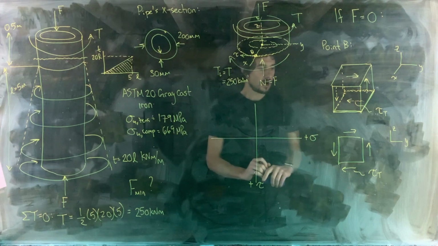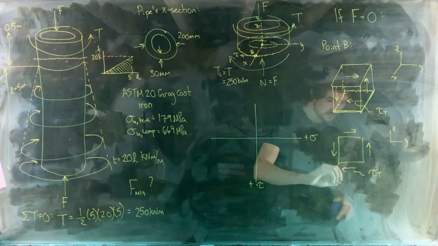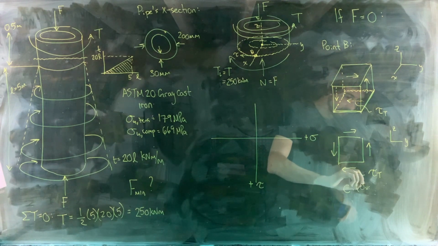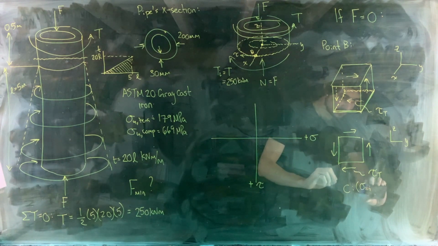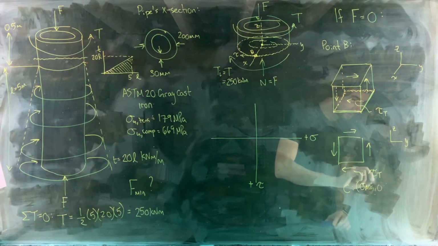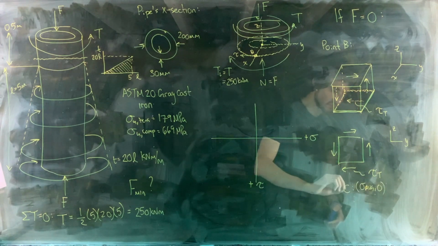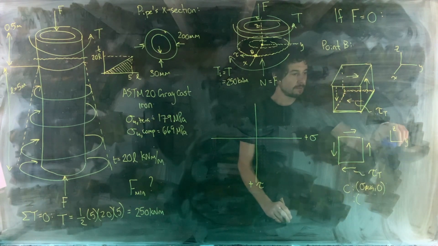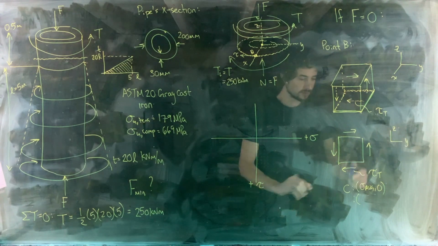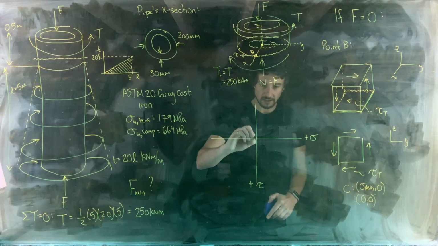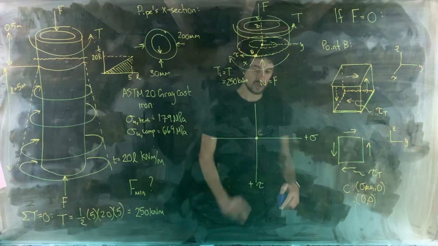The center of the circle is going to lie at the average normal stress, comma, 0. In this case, sigma y plus sigma z divided by 2, those are both 0, so we've got 0, comma 0. So the center of our circle lies directly at the origin.